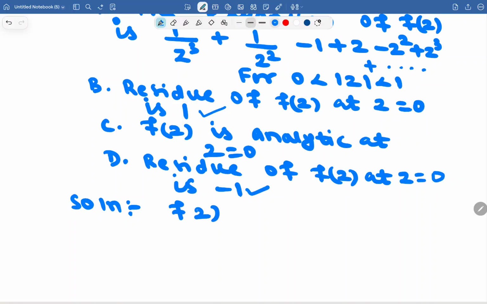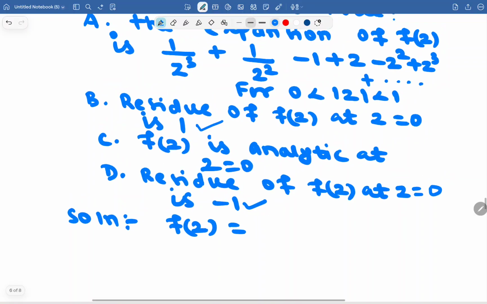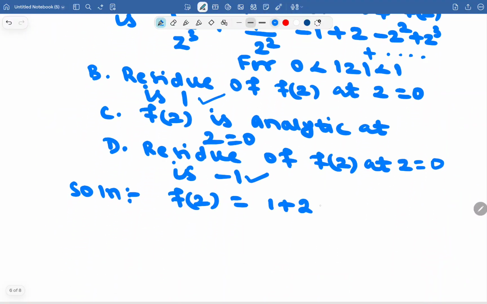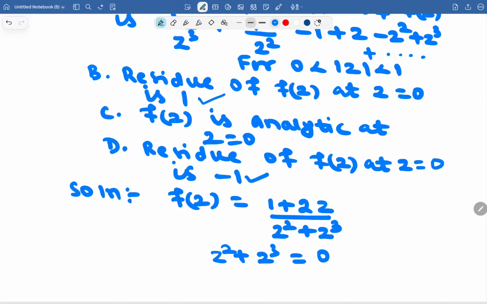What is f of z? 1 plus 2z by z square plus z cube. See in the denominator, z square plus z cube equal to 0.